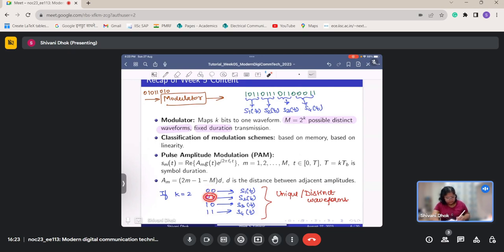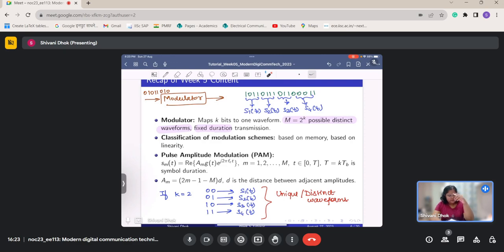If it is 0 1, then I'll choose s2(t). Like that, I make a choice of waveform, and that waveform is transmitted for a fixed duration. However, this is not the case in analog modulation. For analog modulation, for the entire duration you are modulating the message signal over your carrier, either through amplitude, phase or frequency.